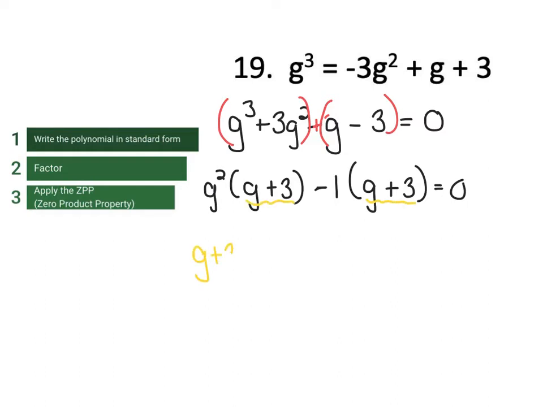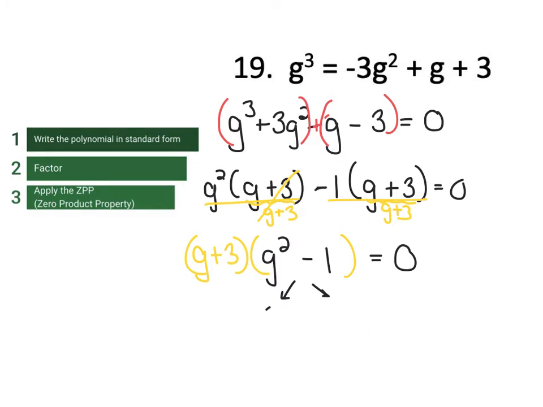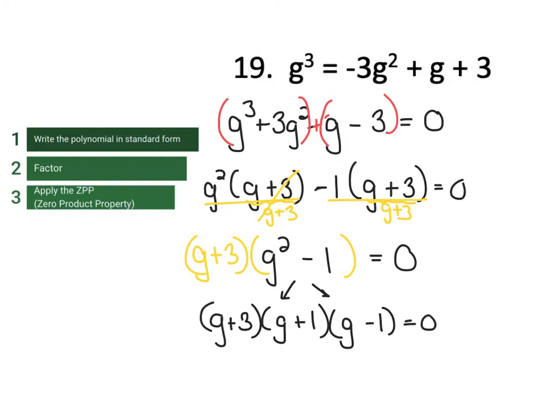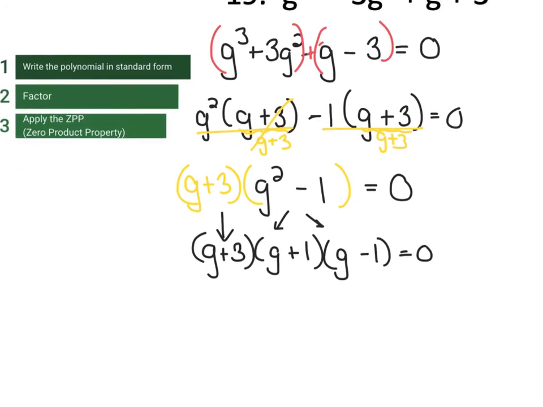So I'm going to bring that out to the front, and you're dividing each by g plus 3, which produces remaining g squared minus 1, and again, this is all equal to 0. This quadratic binomial factors a little further. It's my favorite pattern, the difference of two squares. So it factors into g plus 1 times g minus 1, and I'm going to bring down my initial GCF.